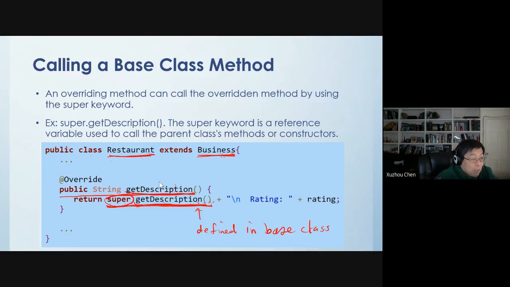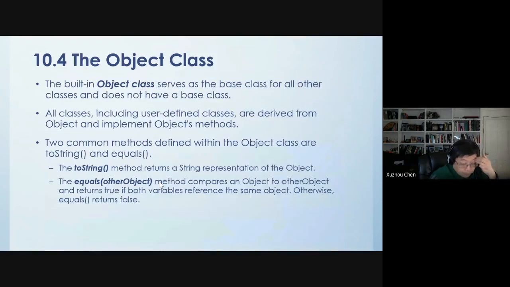So that's the major difference. Okay, I think I'm done with the relationship between base class and derived class. Now, the next thing we're going to talk about is the object class.